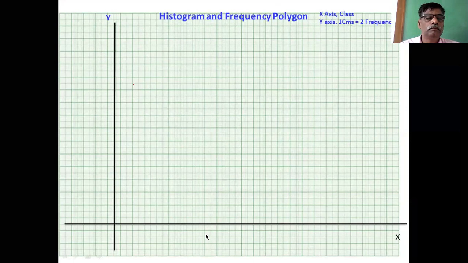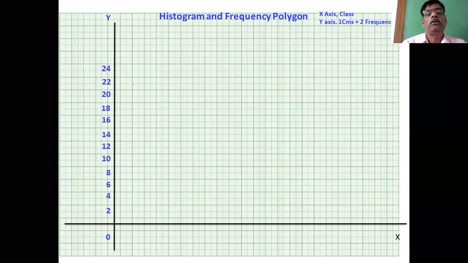Okay. And I'll take the values 0, 2, 4, 6, 8, 10, 12, 14, 16, 18, 20, 22, 24, 26, 28, 30. Maximum frequency is 30. Therefore, you have to fix the y-axis values based on the maximum frequency.